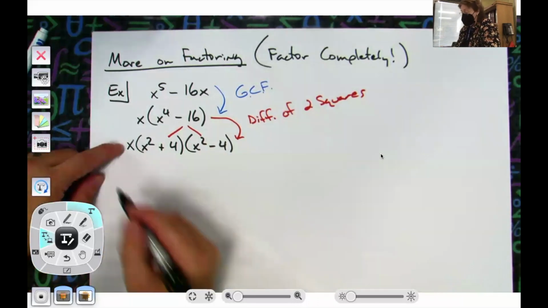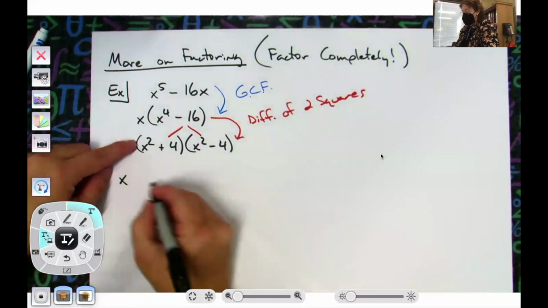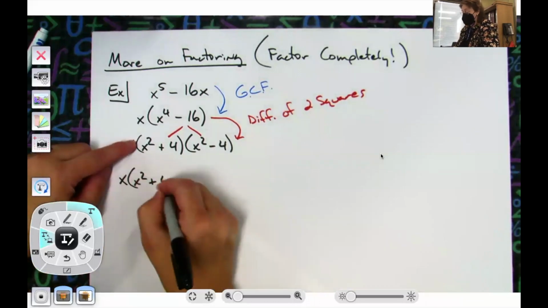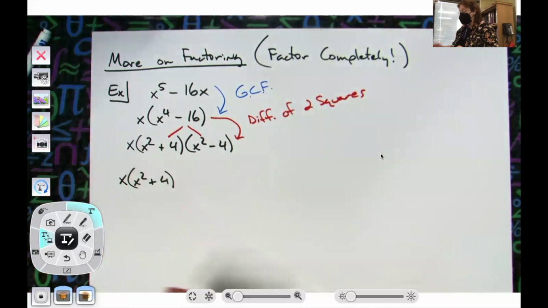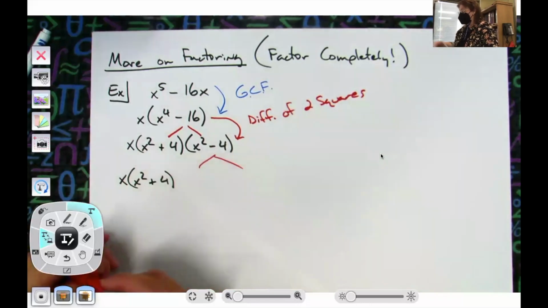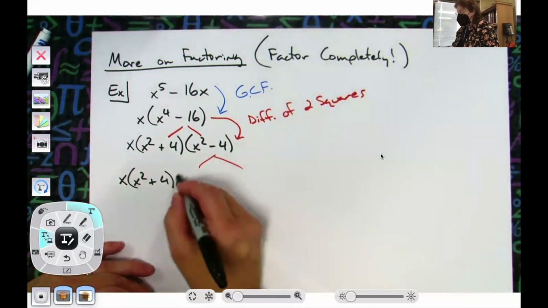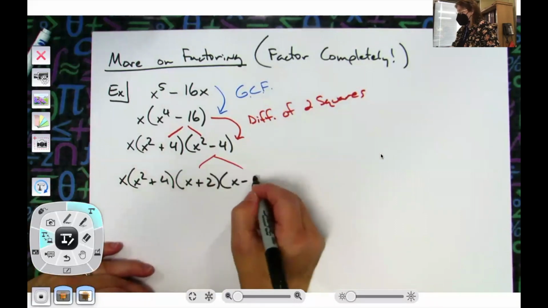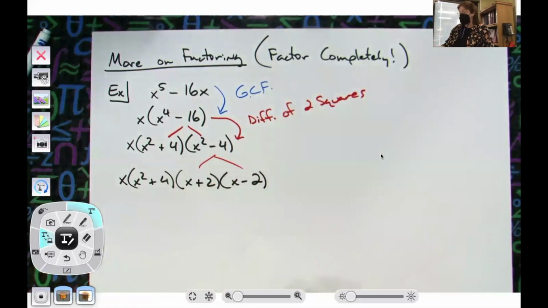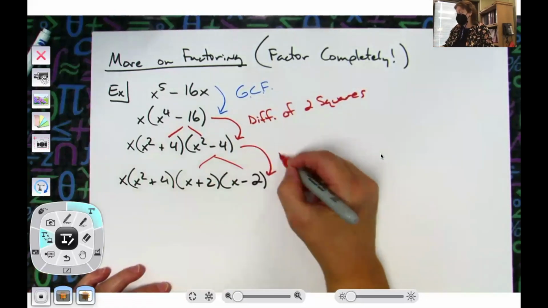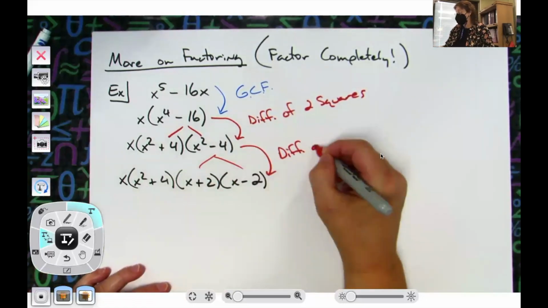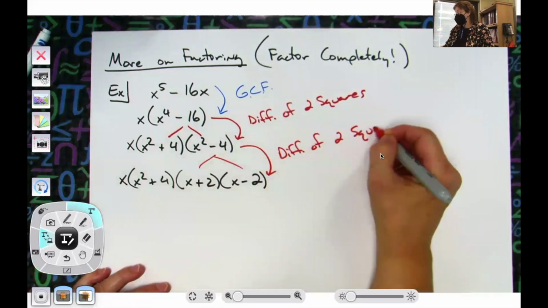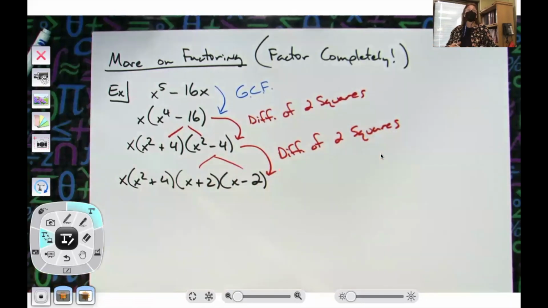So the x stays, the x squared plus 4 stays, and I can break this up into x plus 2 and x minus 2. From here to here, I applied the difference of two squares again. So that's what I was talking about with factoring completely.